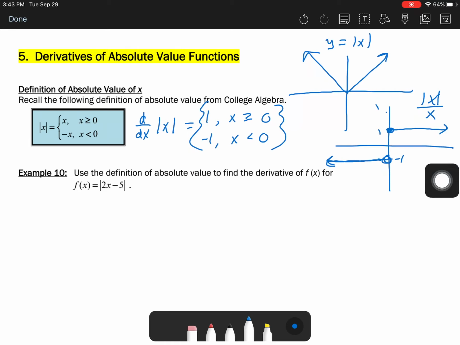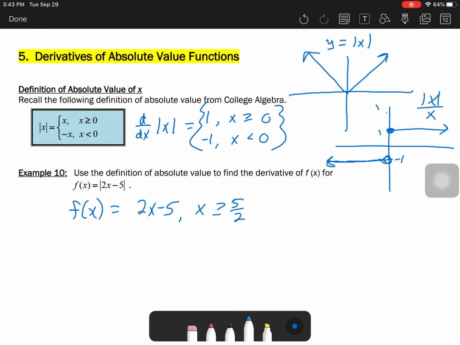In a similar way, if we were going to do the derivative, it says use the definition of absolute value. So I would use the piecewise function here: it would be 2x minus 5 when x is greater than or equal to 5 halves, and negative 2x plus 5, because you distribute the negative through, when x is less than 5 halves.